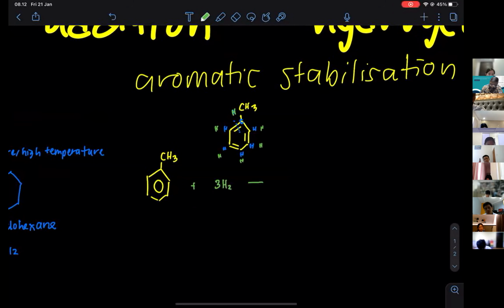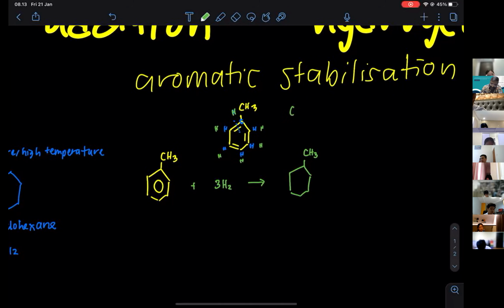If I put 3H2, I am going to get CH3, and the rest all have hydrogen. There is no need to represent a circle over there. If you want to know the structure, you can count as well.